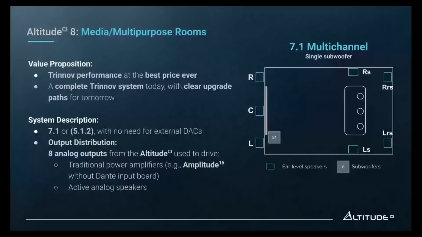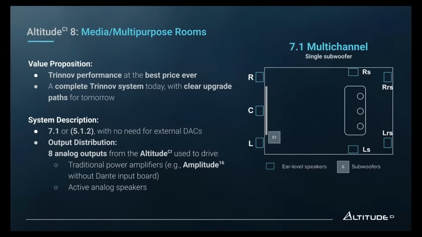So let's think about that living room or media room example, as opposed to the high-end stereo guy. Obviously, you can do a terrific 7.1 system using either conventional amplifiers or powered speakers or an Amplitude 16 or whatever you want to use.